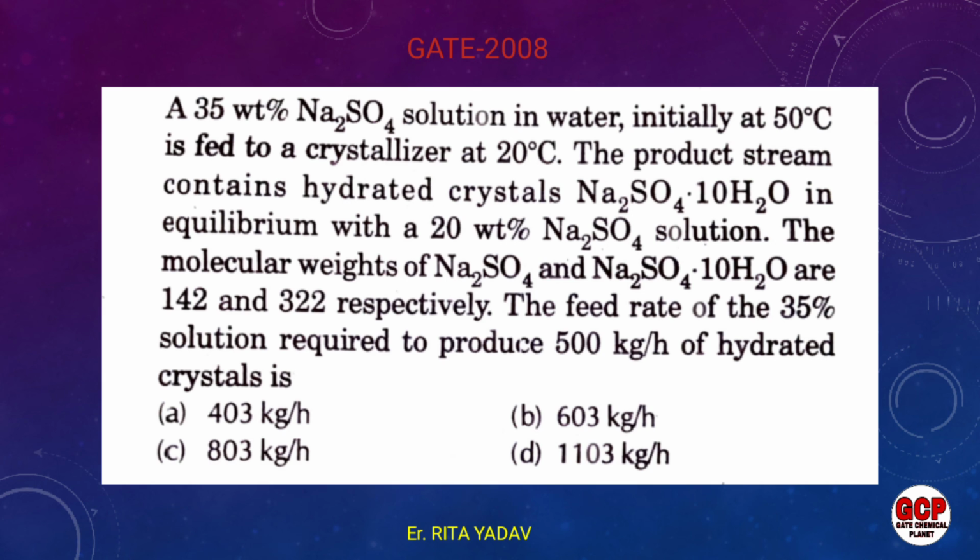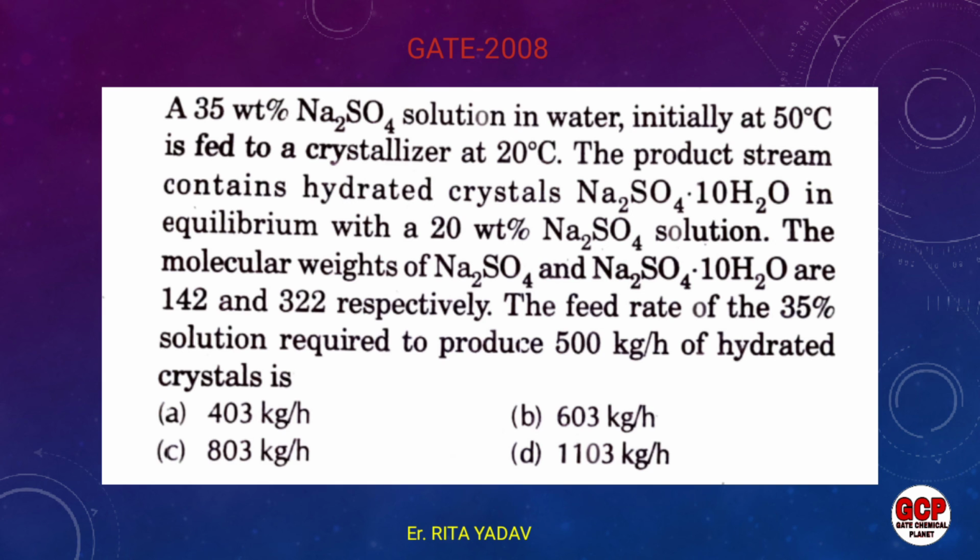The product stream contains the hydrated crystals Na2SO4 10H2O in equilibrium with a 20 weight percent Na2SO4 solution, and the molecular weights of Na2SO4 and Na2SO4 10H2O are already given, 142 and 322 respectively.